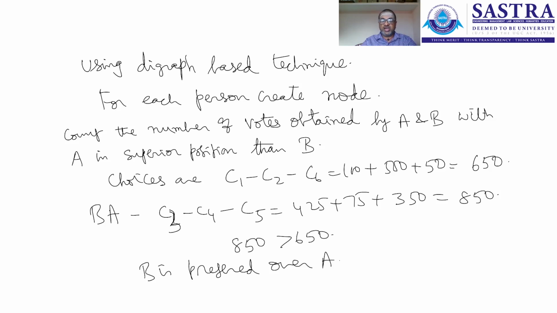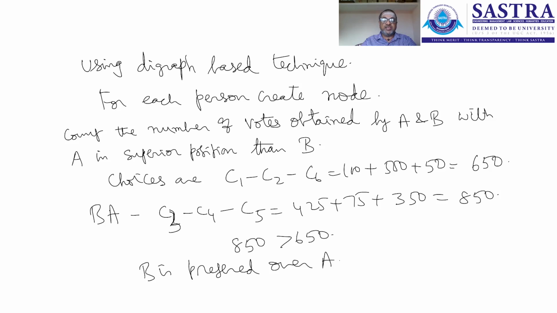So A in a superior position to B has got 650 votes, and B in a superior position to A has got 850 votes. Since 850 is greater than 650, the voters prefer B over A.